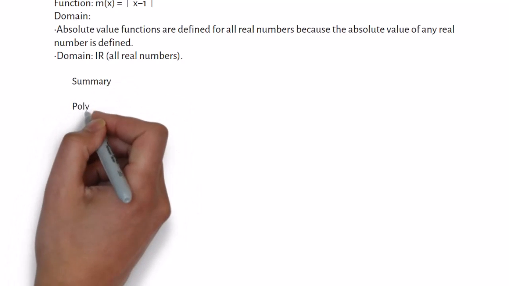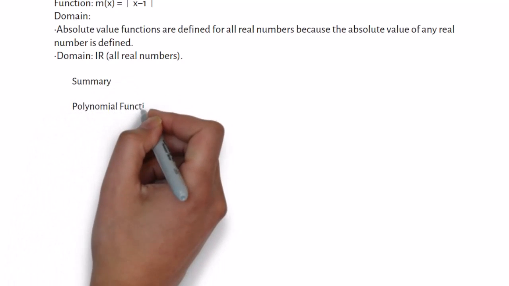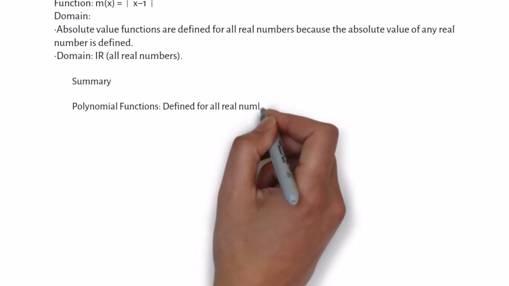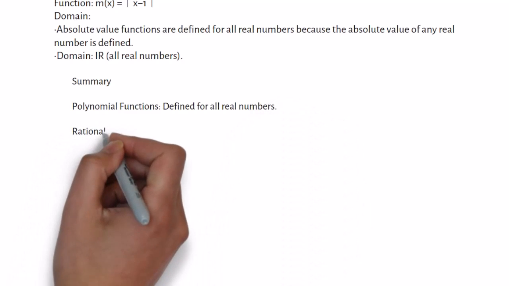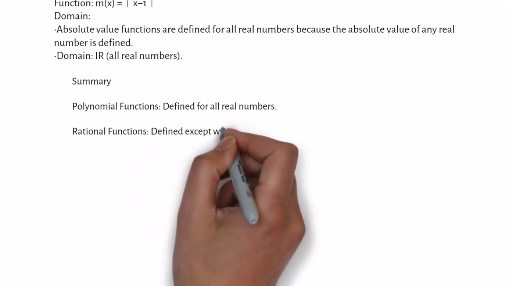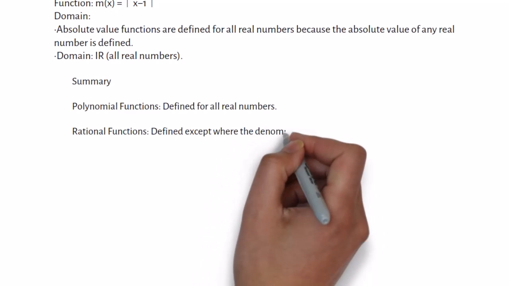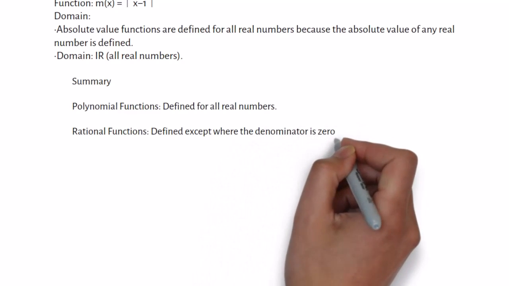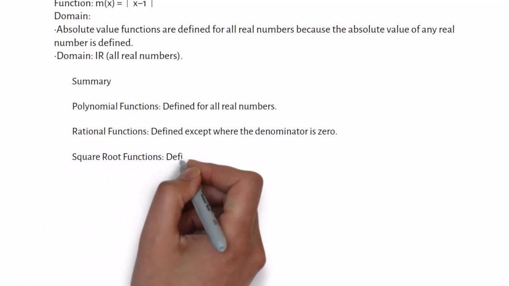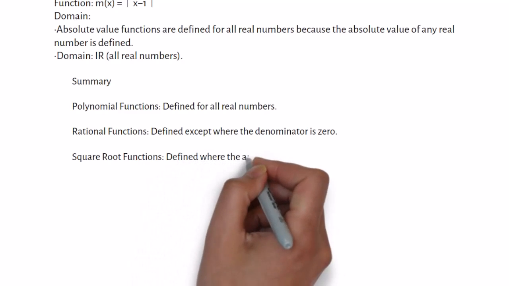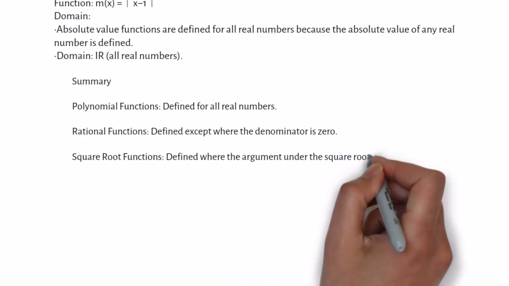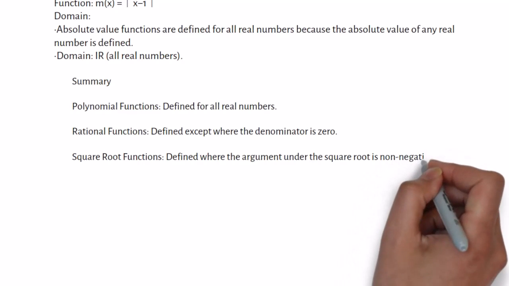Here is the summary of today's lecture. Polynomial functions are defined for all real numbers since there is no restriction. Rational functions are also defined for all real numbers except where the denominator is 0. Square root functions are defined where the argument under the radical sign, or square root sign, is non-negative.